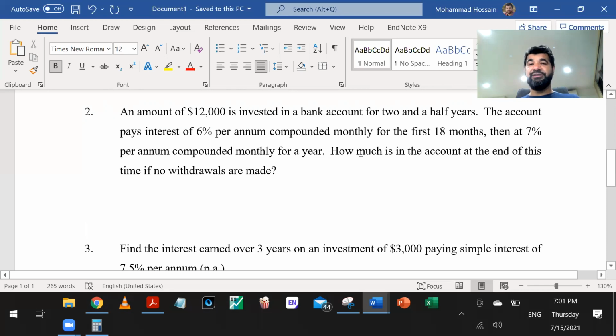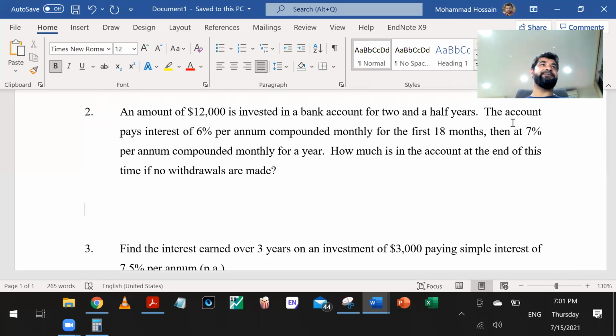How much is in the account at the end of this time if no withdrawals are made? So 1.5 years, 6%, and then next 1 year, 7%. Interest rate has increased. In that situation, how much will you get?